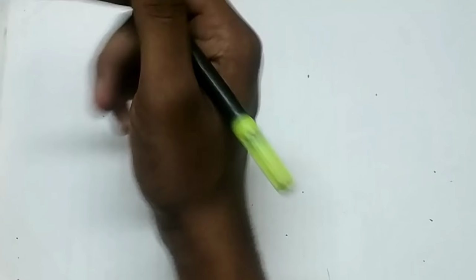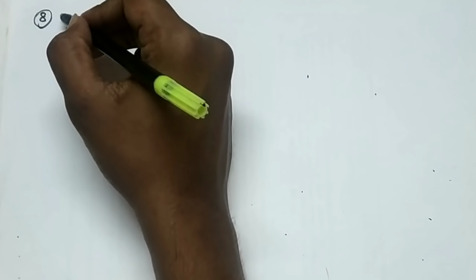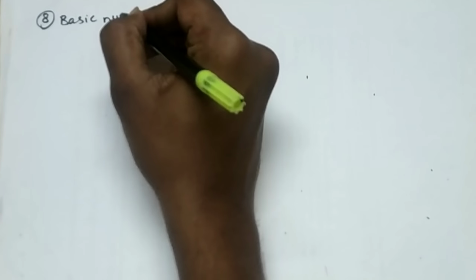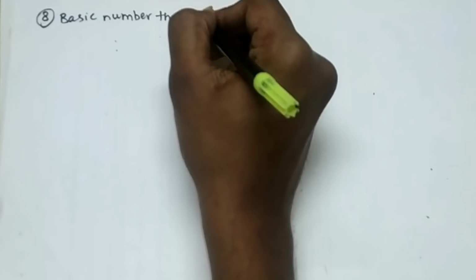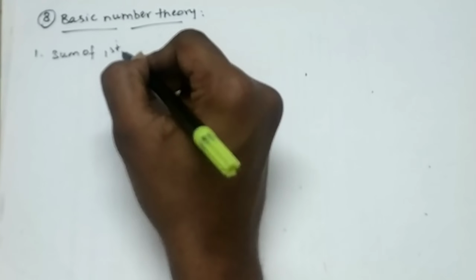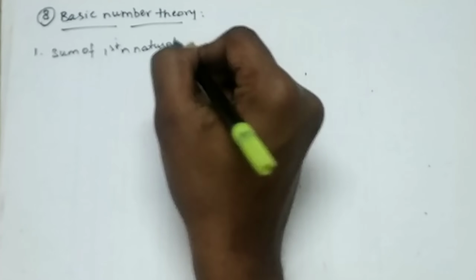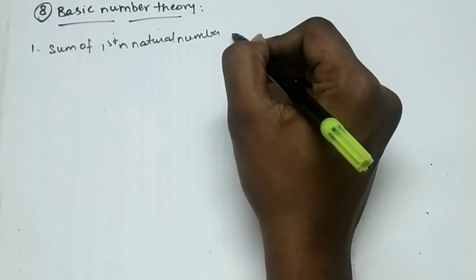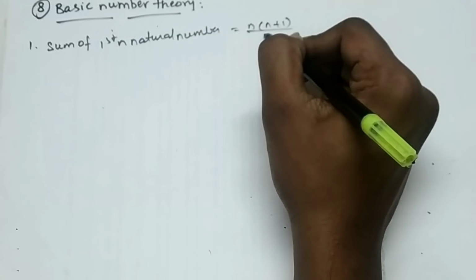Alright, so let us start with basic number theory. It is very important, these theory numbers. So let us see a few of them. Number one is the sum of first n natural numbers, which will be n into n plus 1 by 2.